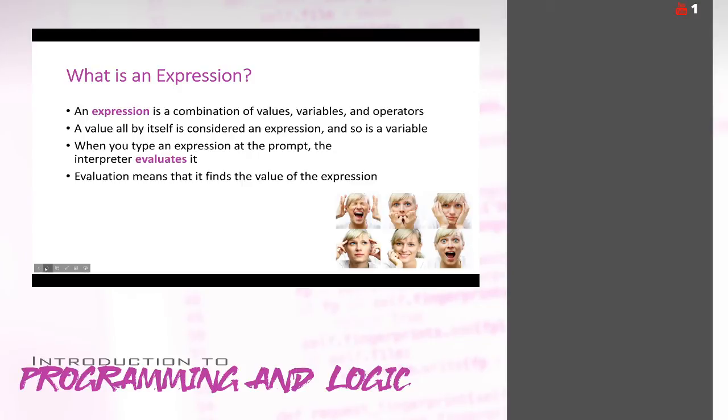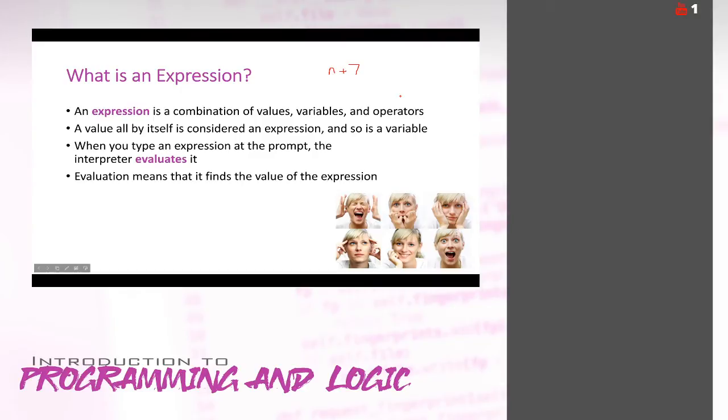So what is an expression? An expression is a combination of values, variables, and operators. So we could have something like, if we had a variable that we called n, n plus 7 is an expression.